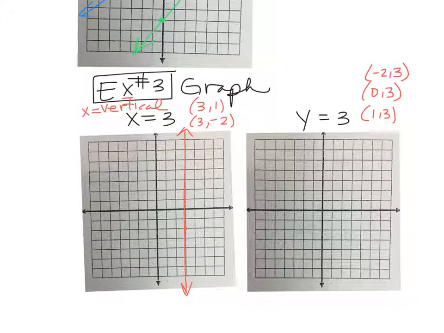So where y is 3, if I plot those, -2, 3, 0, 3, and 1, 3, what type of line will I get if I connect all those points? Horizontal, okay? So my y equals is always going to be a horizontal line through the number that we're given, okay? So x equals 3 is vertical through 3. Y equals 3 is horizontal through 3. Does that make sense?